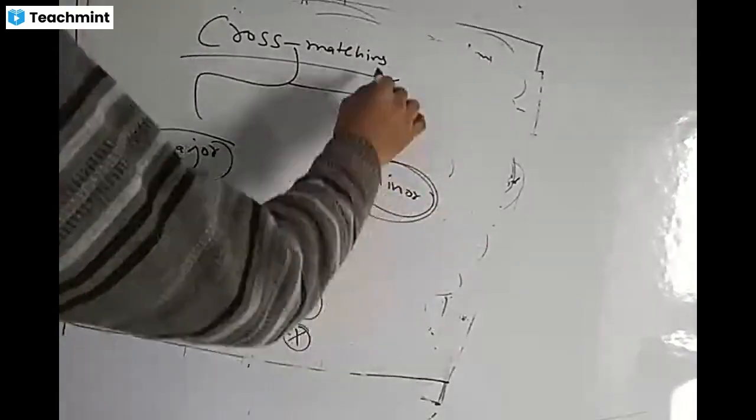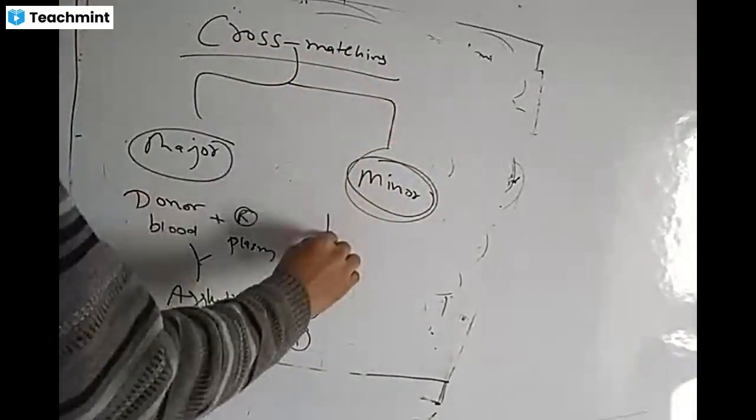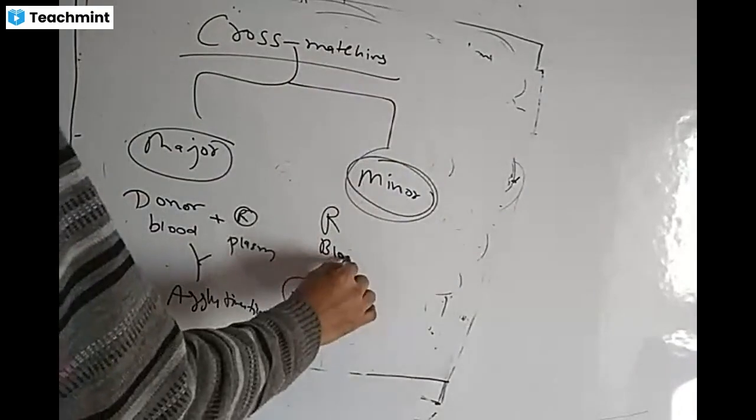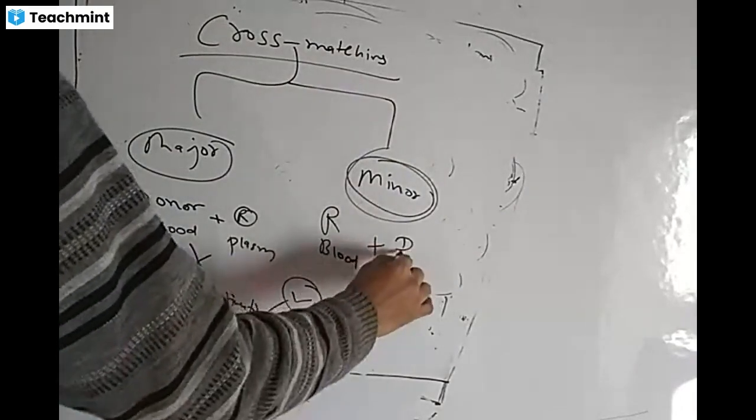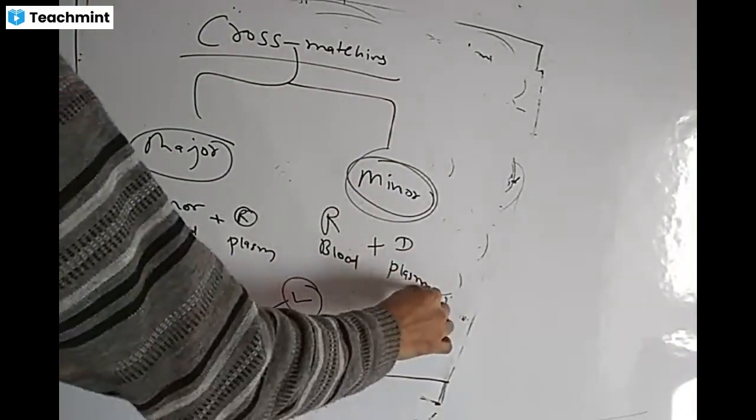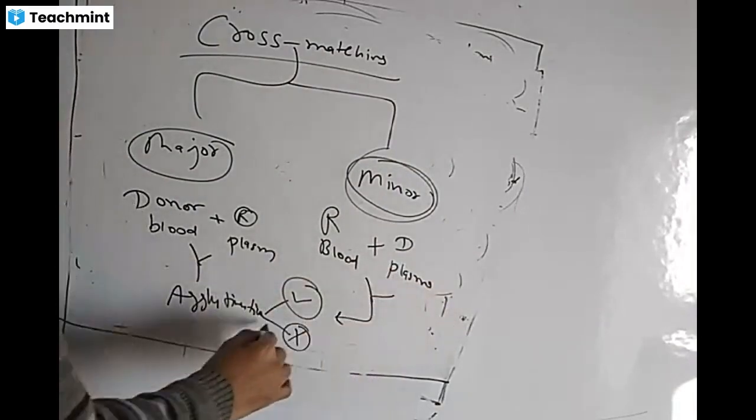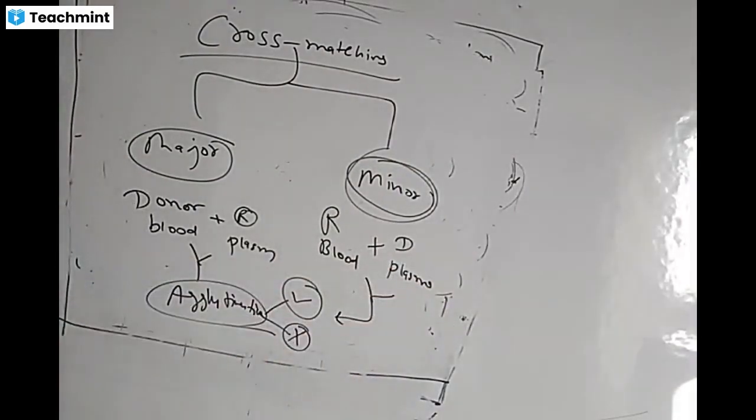In case of minor cross matching, we use recipient blood plus donor plasma. And again, we check for the reaction, agglutination. So if there is agglutination, it means there is mismatch, there is incompatibility.